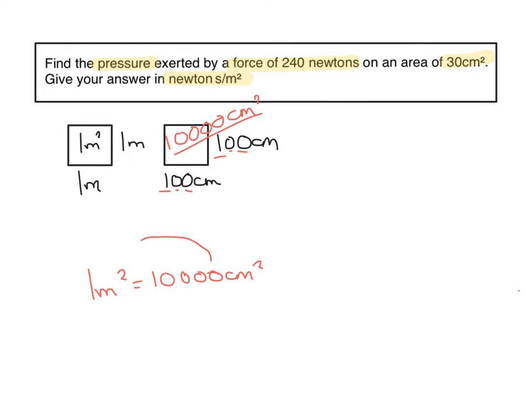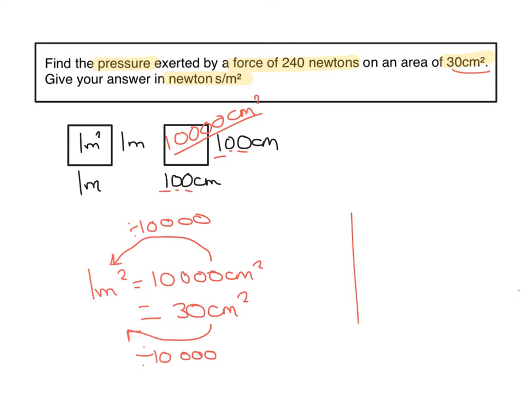So if I want to get from centimetres squared to metres squared, I need to divide by 10,000. So I've been asked about 30 centimetres squared. I need to divide that by 10,000 to get it in metres squared. So I'm going to quickly use my place value table.